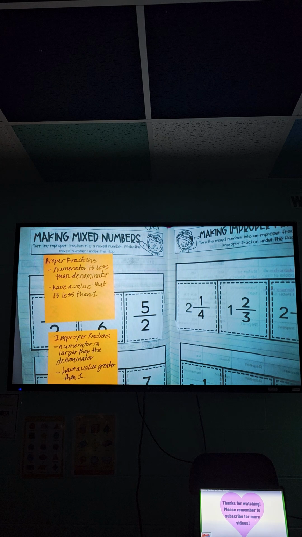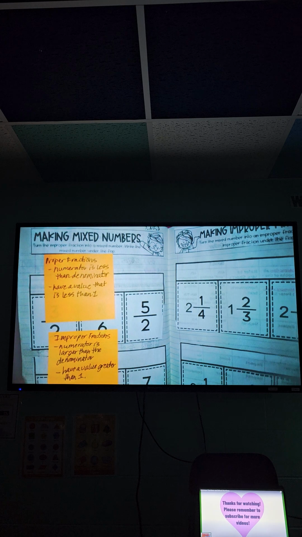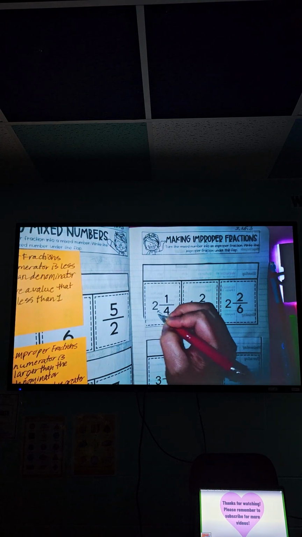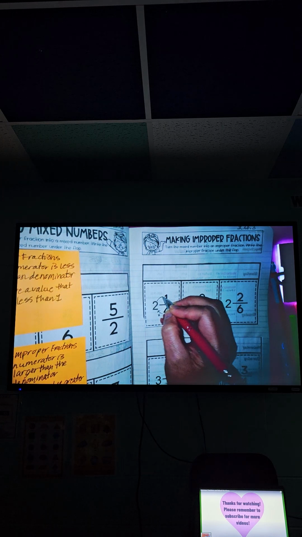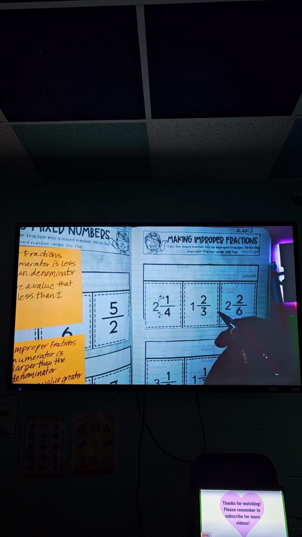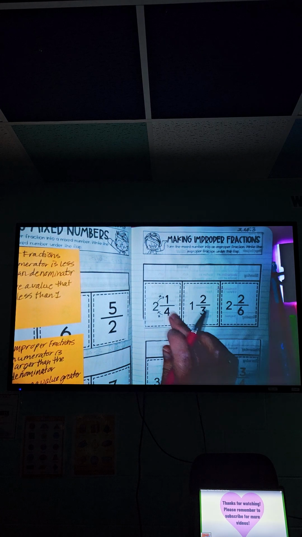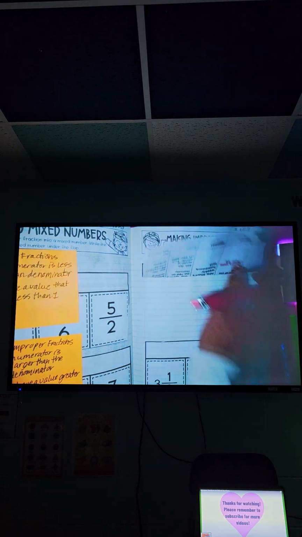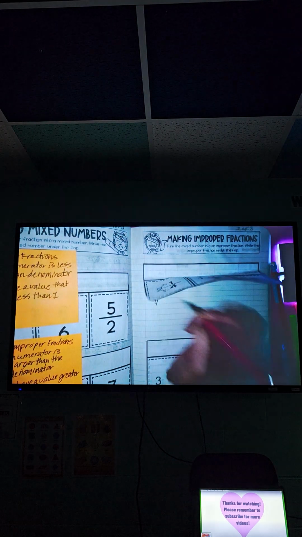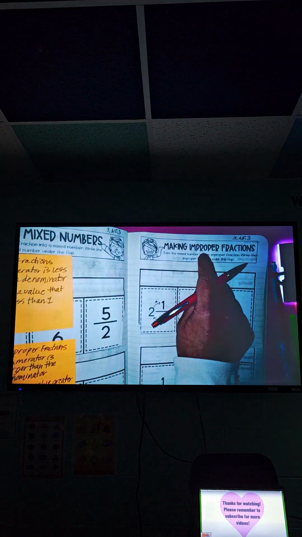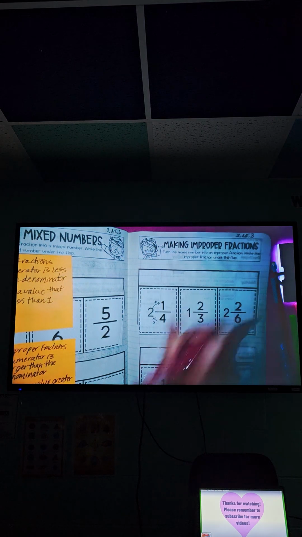And I will tell you a shortcut on these. So if you multiply these 2 numbers and then add that answer to the numerator, then you will get an improper fraction. Remember, the denominator stays in your fraction, so it will still be over 4, but the numerator will be bigger because it's called improper.